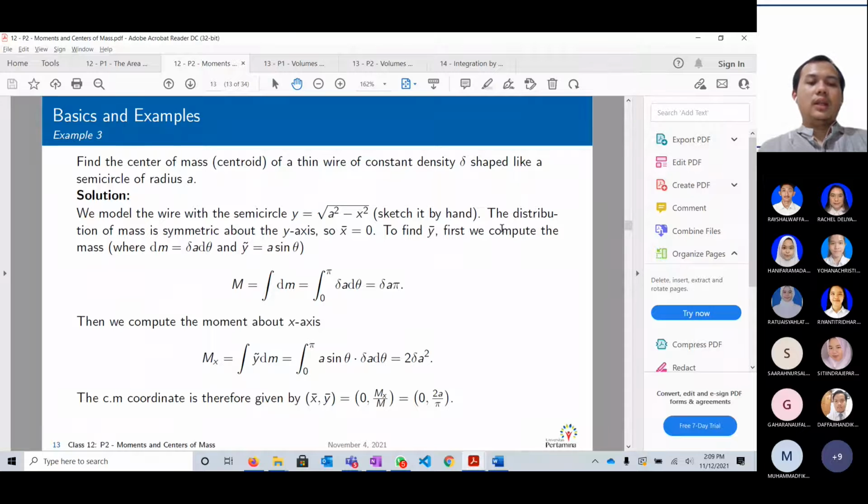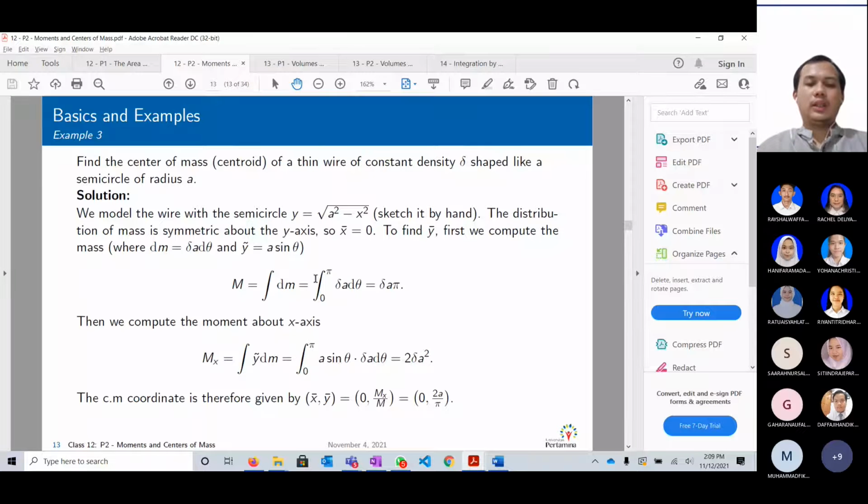How to find y bar? Here, the mass element dm is actually delta times a times d theta. In this case, we have y tilde to be a sin theta. So the mass is now the integral of dm, which is the integral from 0 to pi, because we are considering a semicircle. A semicircle is basically from 0 to pi.